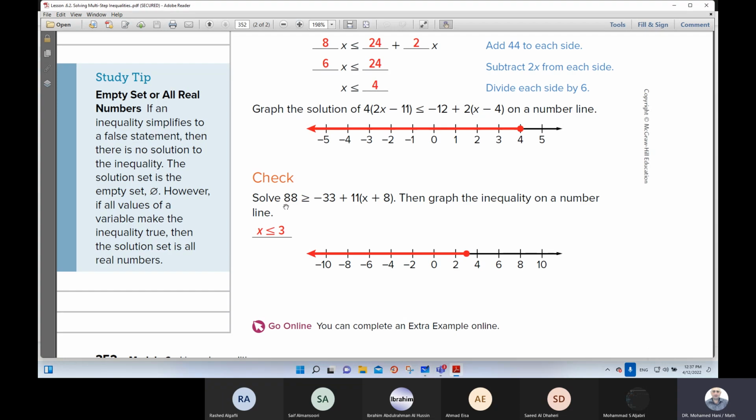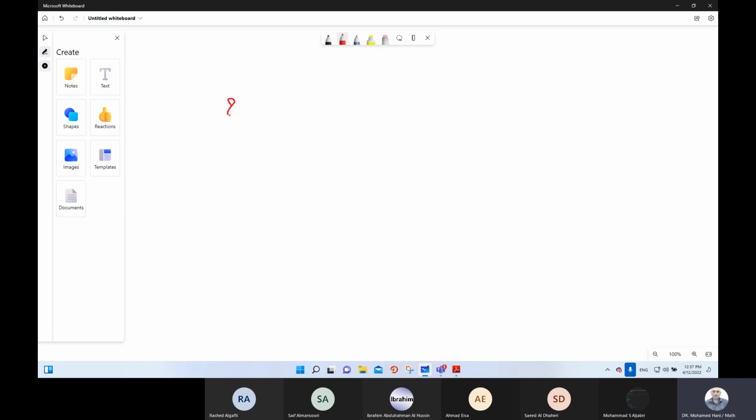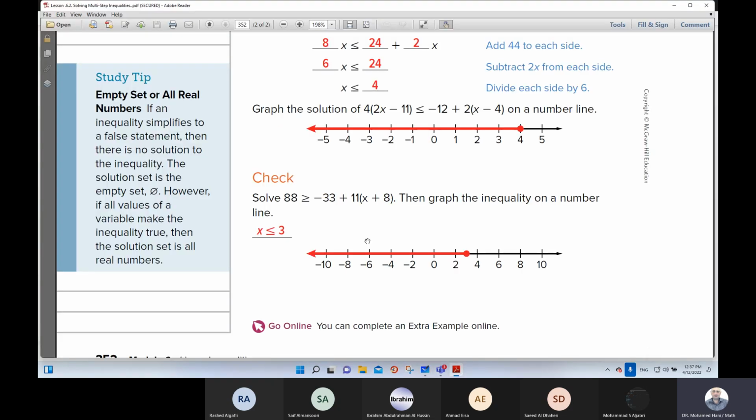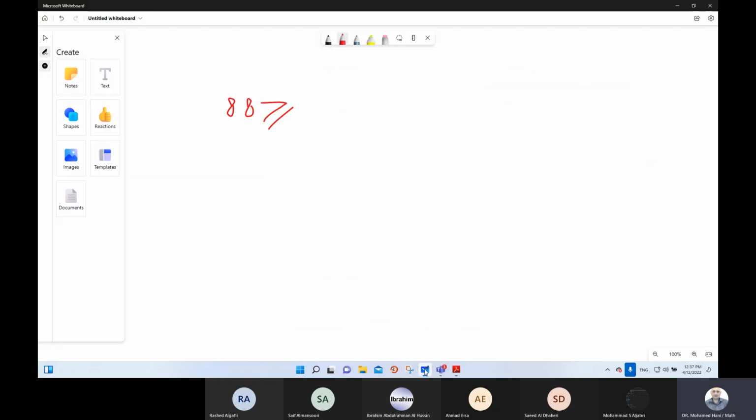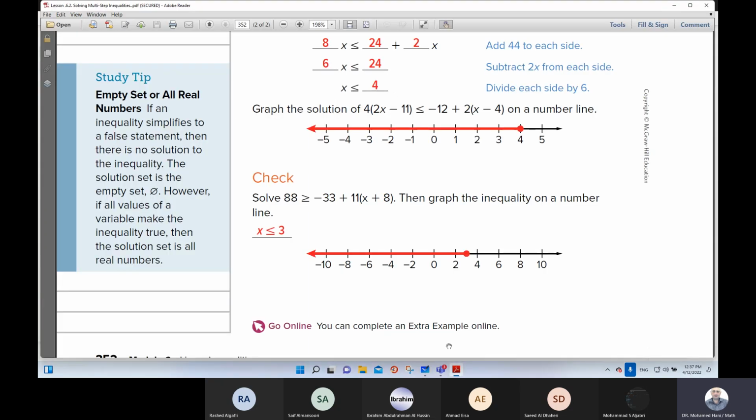The inequality now: 88 greater than or equal to minus 33 plus 11 times (x plus 8).